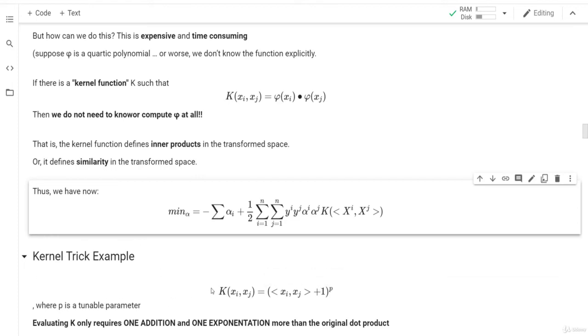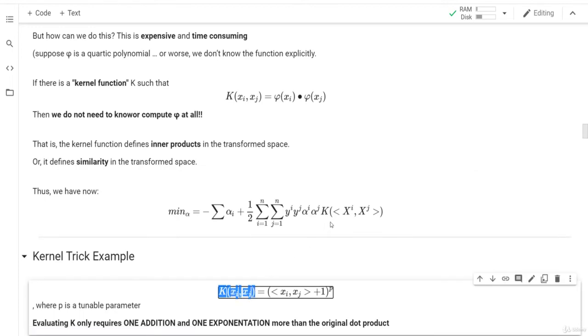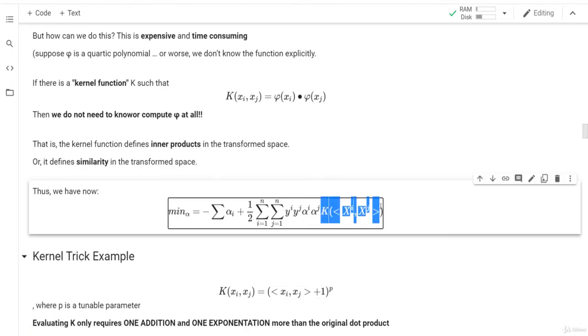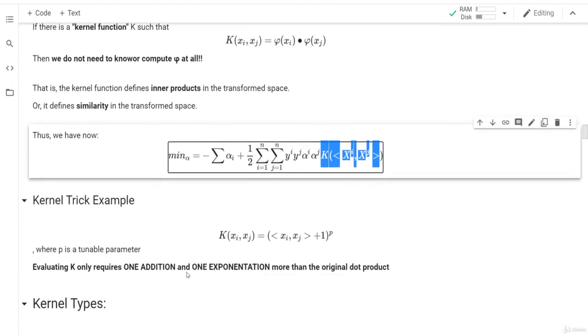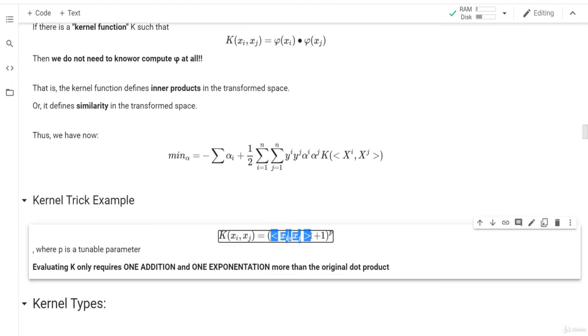In order to evaluate the kernel, or evaluate the values in the new transformed space, we need to just do this. We were doing the original dot product before, and as we said, we cannot really remove it or get rid of it. So what we need to do right now is one additional addition and one additional exponentiation.